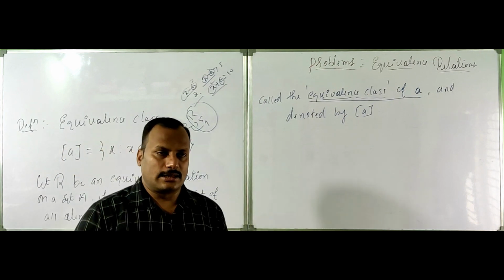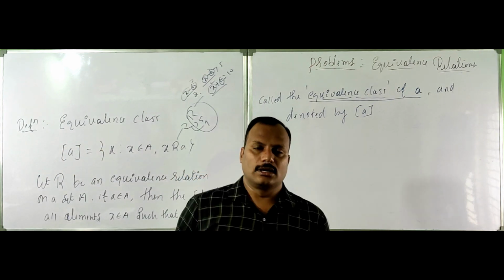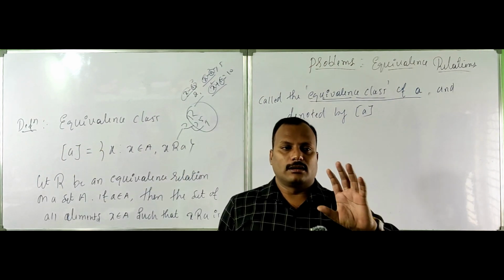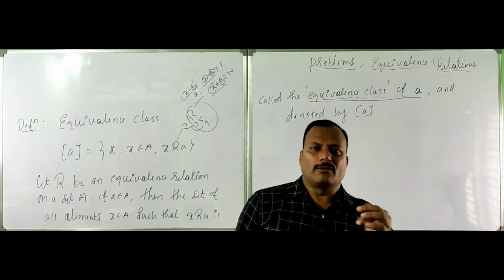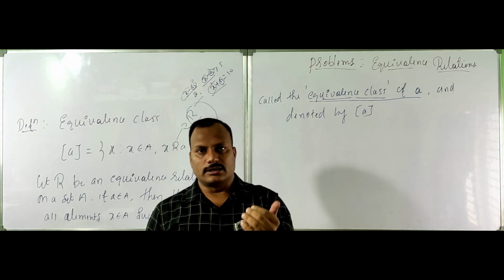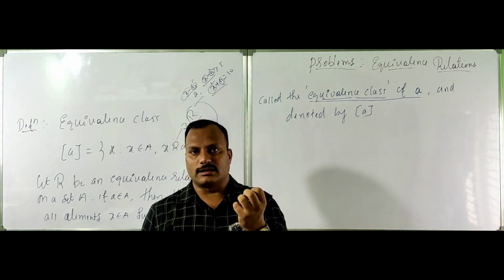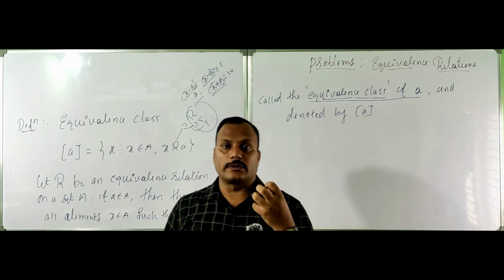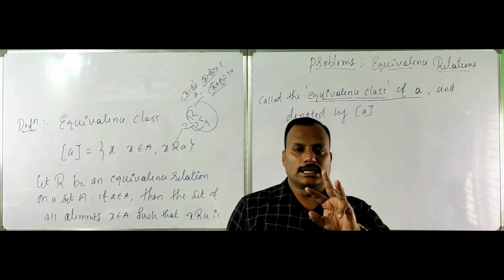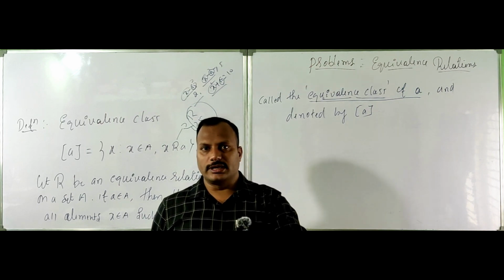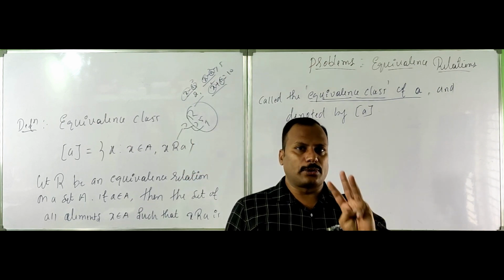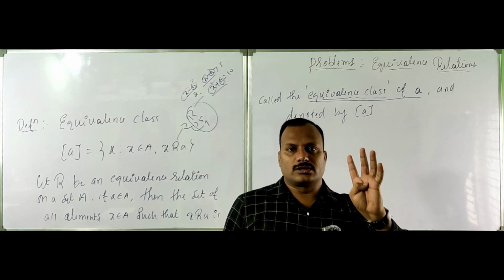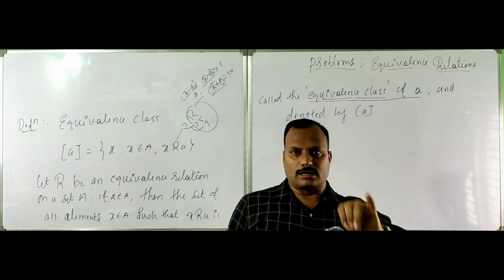Based on these definitions, we will solve the first problem based on equivalence relations. Given sets, we check reflexive, symmetric, and transitive, and then show the equivalence relation and equivalence class. In this first concept of relations, there are only three steps. First, show reflexive, symmetric, transitive.